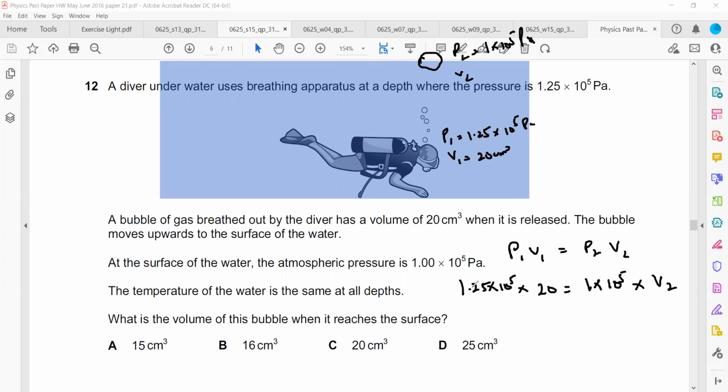So we simplify: 1.25 × 10^5 multiplied by 20, divided by 1 × 10^5, will give V2. The 10^5 will cancel. So 20 multiplied by 1.25 is equal to 25. So D will be the right answer.